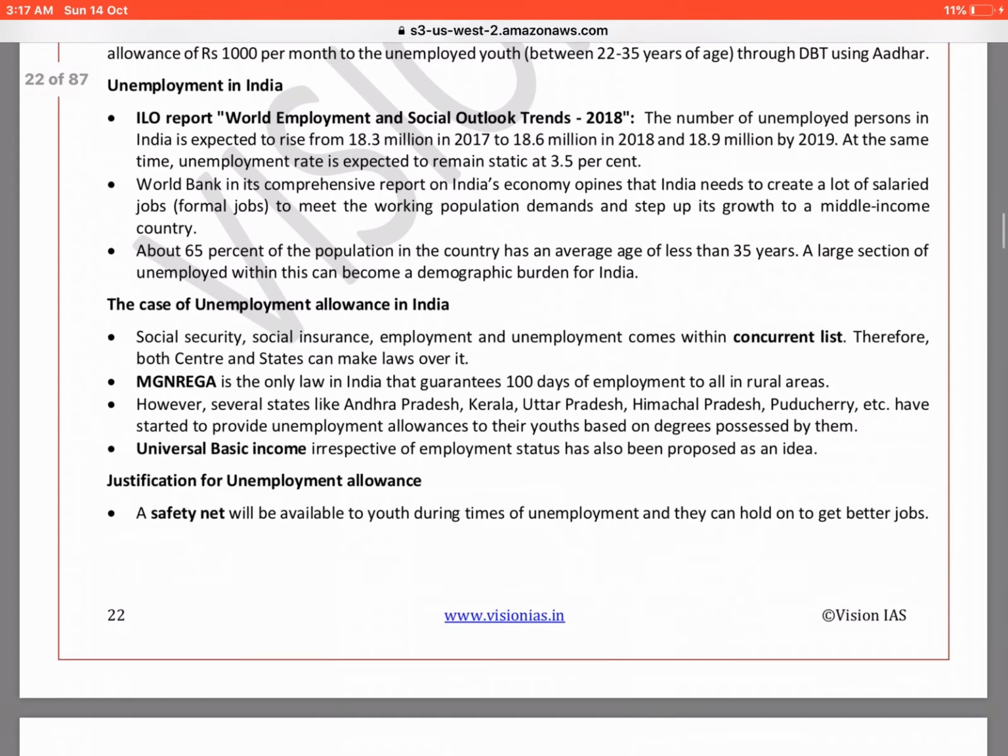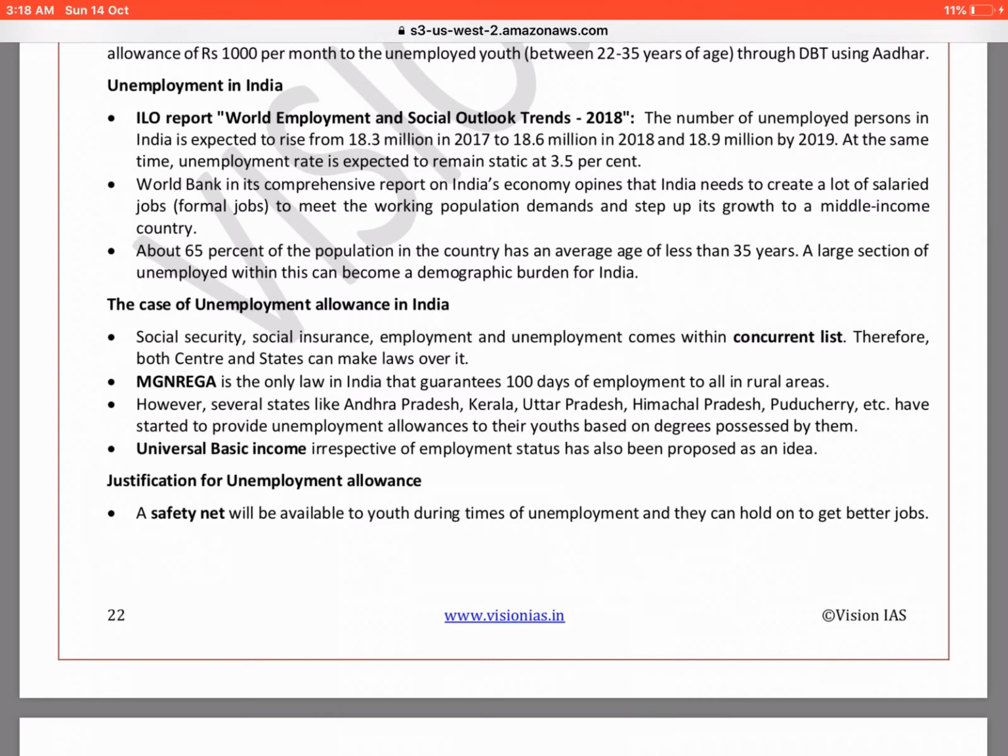So if such allowances of rupees 1000 or 2500 are given, then think of what the prices of food are. Under the Food Security Act, these poor people get food for rupees 3 to 1 rupee only.